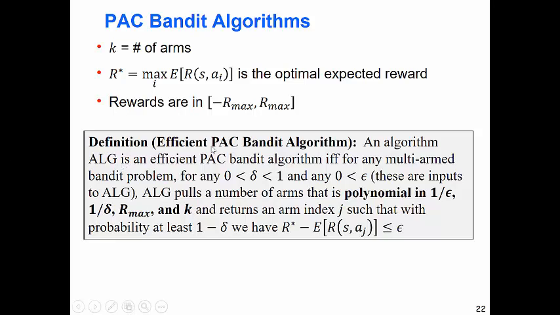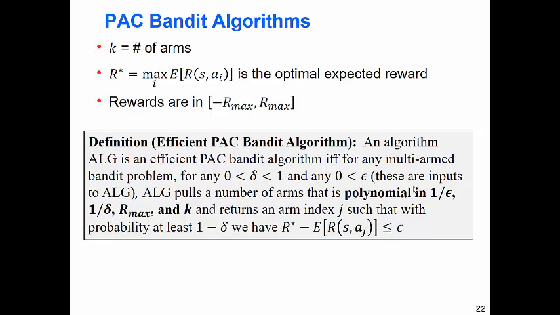And this definition is about when we can say a bandit algorithm is PAC. When is it an efficient PAC algorithm? Okay? And so let's look at this a little bit. Our algorithm is an efficient PAC bandit algorithm if and only if all of these things are true. It has to satisfy something for any multi-arm bandit problem you give it. Right?